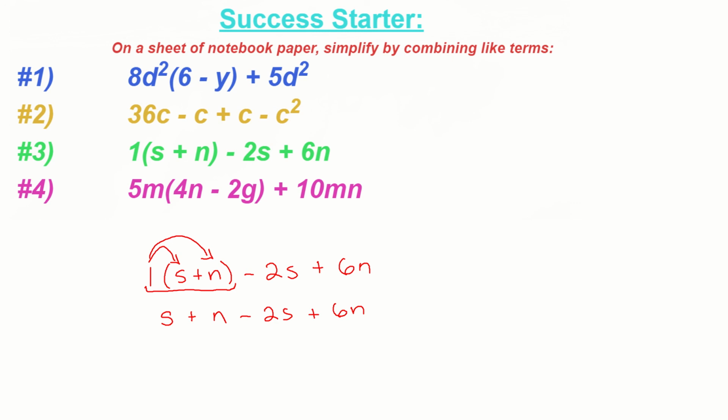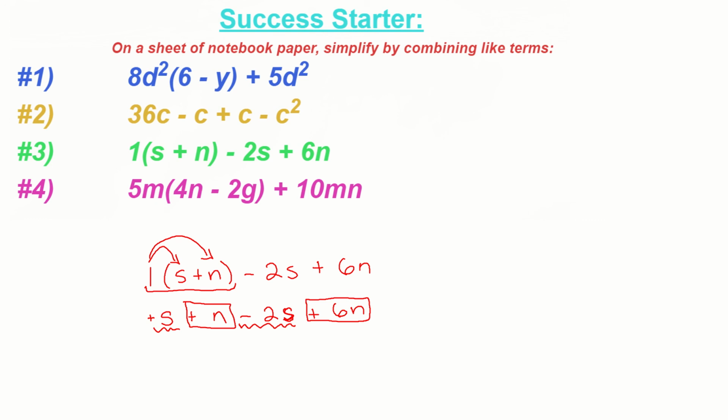Okay, so now it's time for me to do the work of combining like terms. All right, so I have an S here. It doesn't have anything in front of it, so I know that it's a positive or plus S. And do I have another one with just S? I do, minus 2S. All right, next I have a plus N and a term like it is a plus 6N.